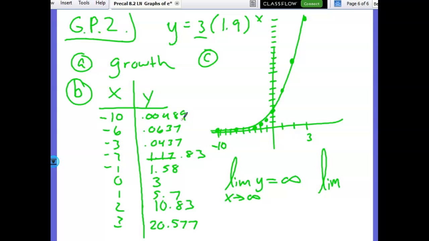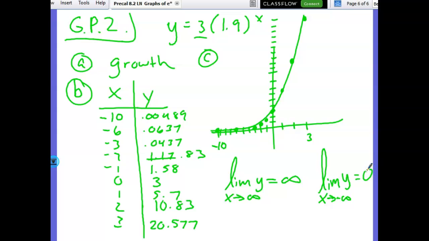Okay? It's not going to ever get past 0. So how would I write that? As x gets smaller forever, what am I going to put here? If this is x getting bigger forever, what am I going to put for x getting smaller forever? Negative infinity. As x gets smaller and smaller, y gets closer and closer to 0.